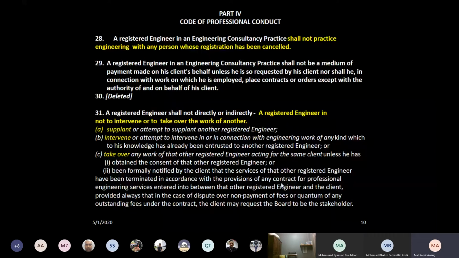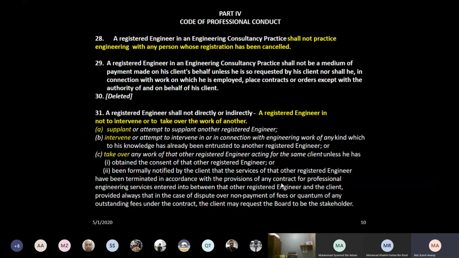So an engineer who works in a consulting company cannot accept payment on his client's behalf, unless he is so requested by his client, nor shall he, in connection with work on which he is employed, place contracts or orders except with the authority of and on behalf of his client.